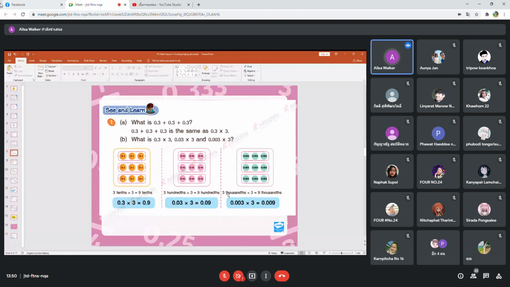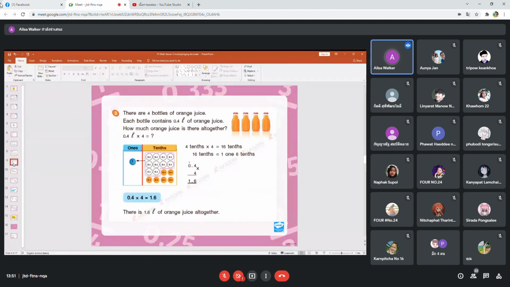And the same, if we wanted to do 3 thousandths, or 0.003 multiplied by 3, our answer would be 9 thousandths, or 0.009. It's very important we put our decimal point back into the sum, okay?